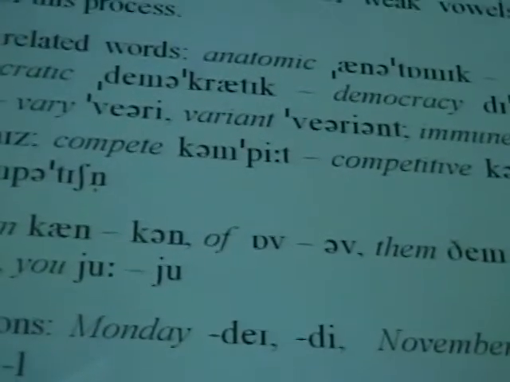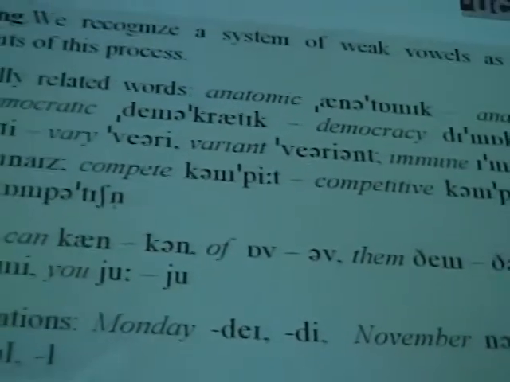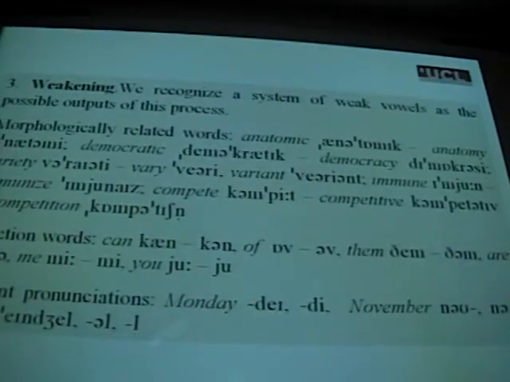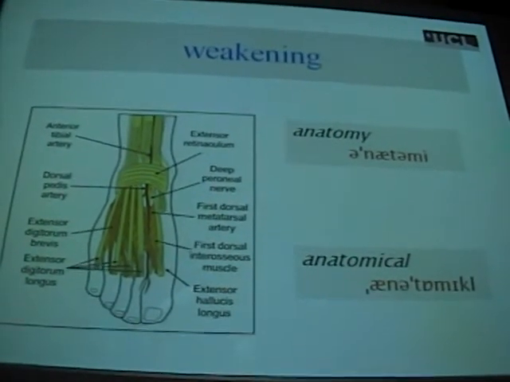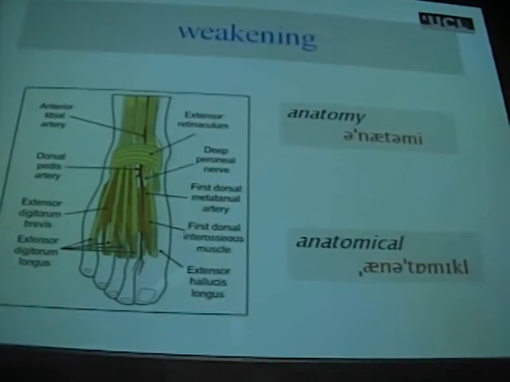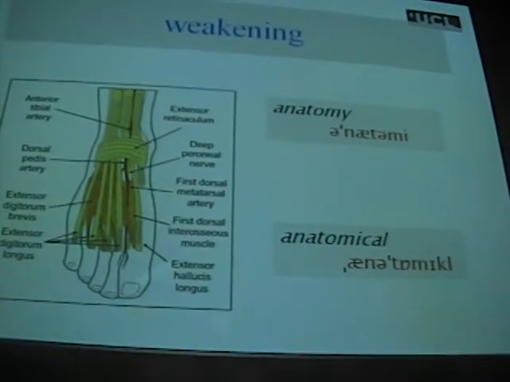Now, obviously they're related, they have the same spelling, but yet their pronunciation is really rather different, because we say anatomic and anatomy. I think I've got a picture of that, if you just skip ahead for a moment. There it is. Okay, there's some anatomy, and there's the adjective anatomical.